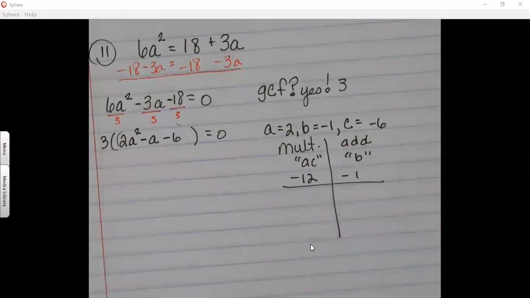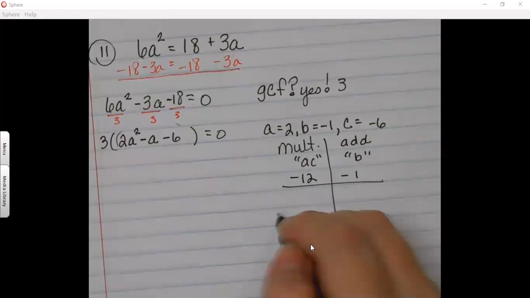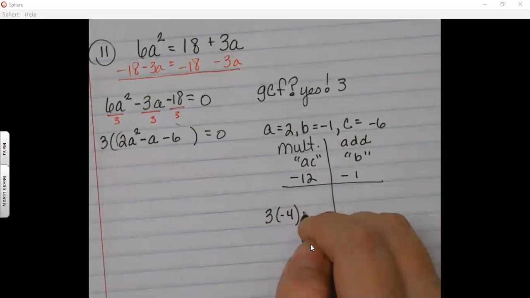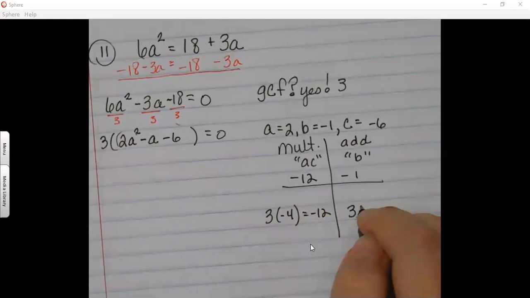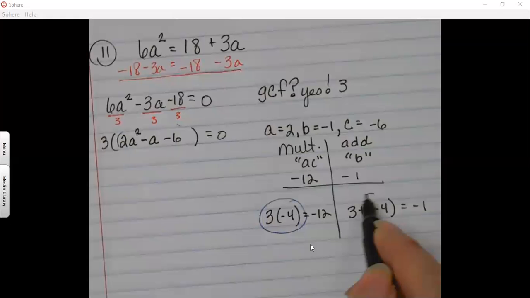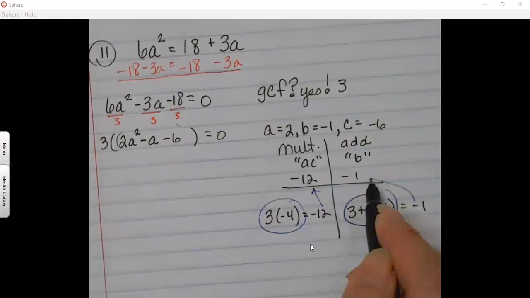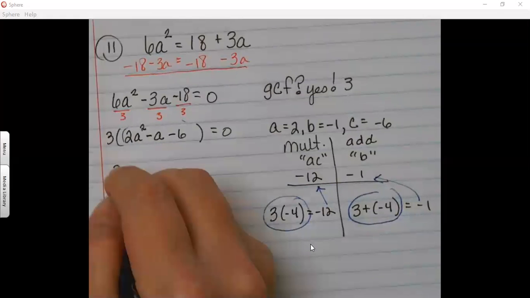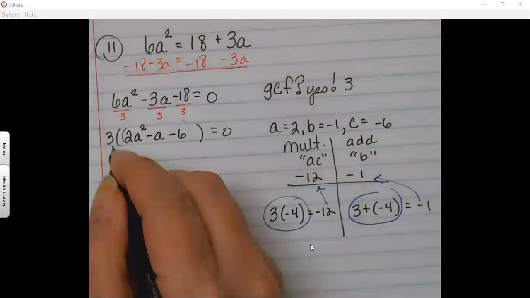Okay? 3 times -4 is -12. 3 plus -4 is -1. Cool. So that worked. A +3 and a -4 gave me what I needed on both sides of the equation. So make my parentheses, but don't forget that 3. It's a factor. Just bring it down.